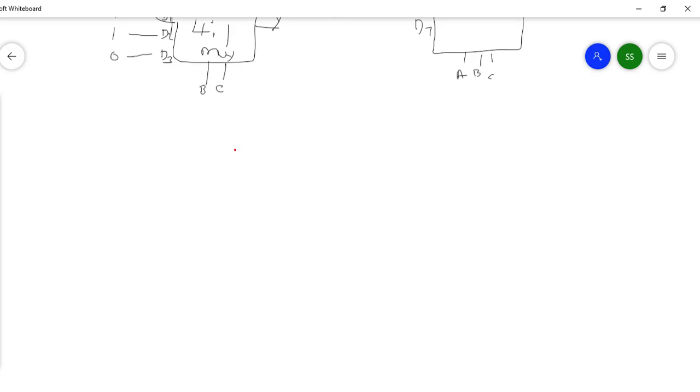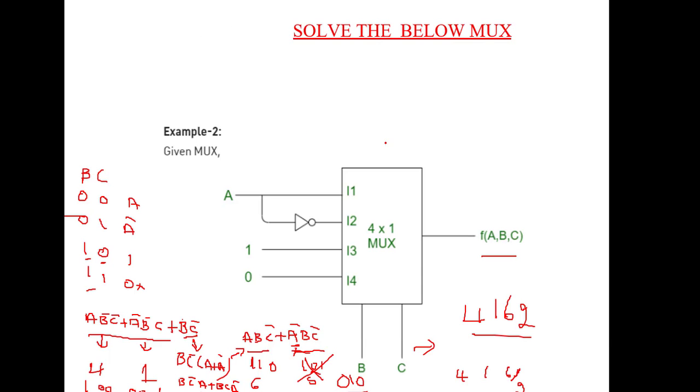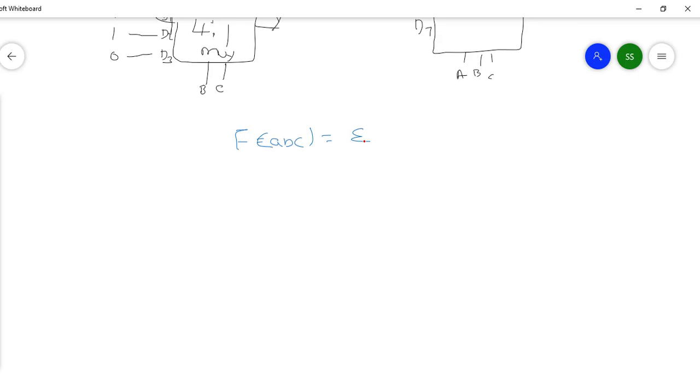1, 2, 4, 6, right? We'll take that one only. Suppose f of ABC is equal to summation of m 1, 2, 4, 6. How to do it? First go for the implementation table. Okay, implementation table, the A bar and A, this is nothing but the MSB bit.